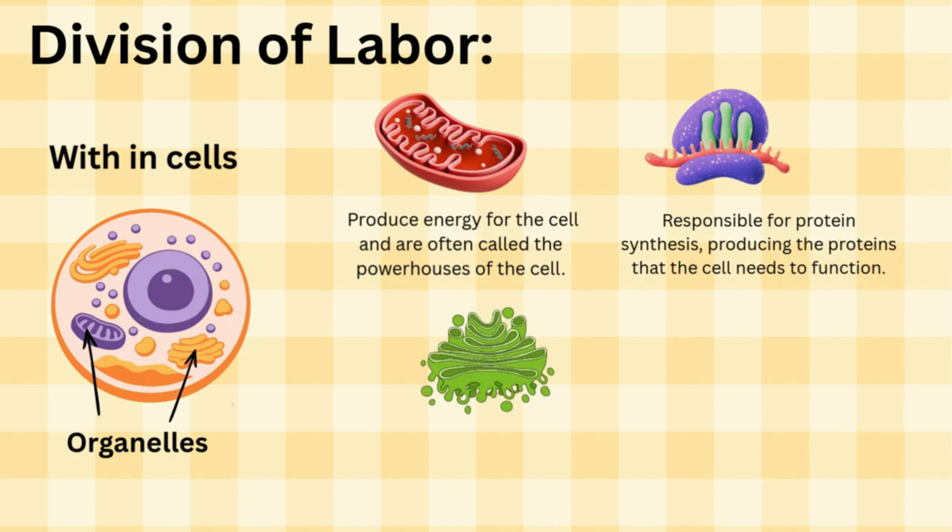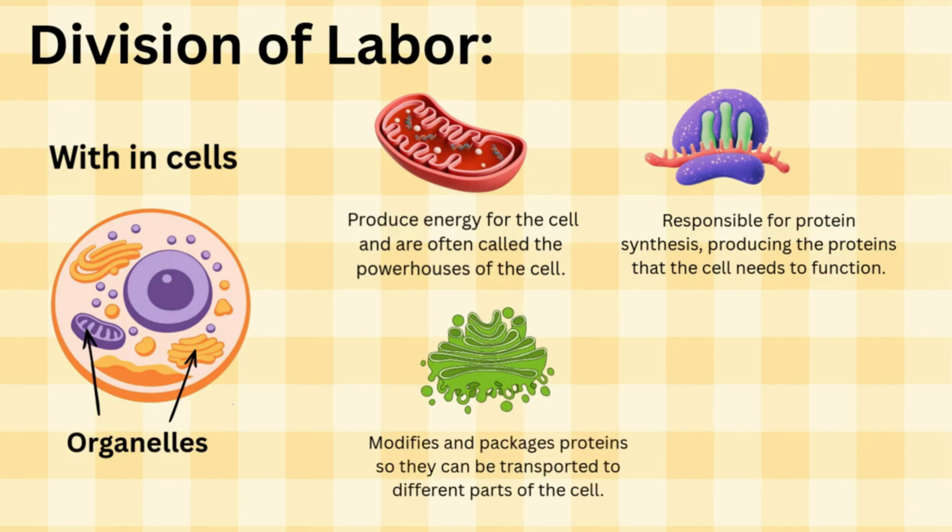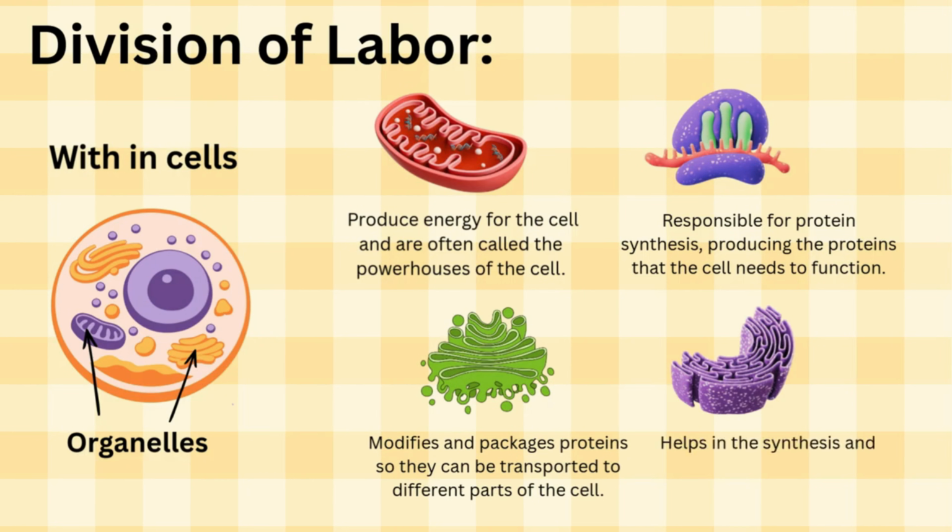The Golgi apparatus modifies and packages proteins so they can be transported to different parts of the cell. And the endoplasmic reticulum helps in the synthesis and transport of important molecules. By dividing these tasks among different organelles, the cell can operate in a highly organized and efficient manner.